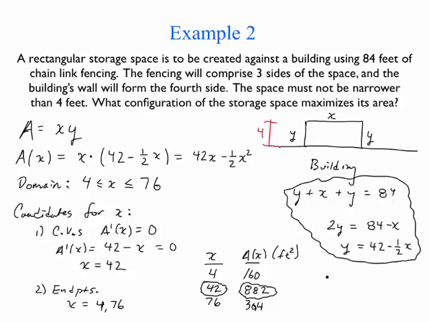And how can you find the length, or this y value? Well, here's our relationship of y in terms of x. So x is 42. We can use this to find y. y is 21. And the max area is? In this configuration, 882 square feet.